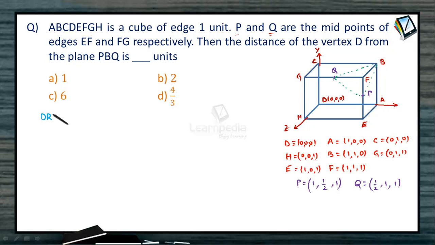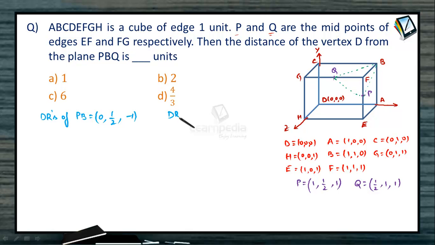First we can find the DRs of the line PB, as we know both the coordinates, right? So what are the DRs of the line joining P and B? That is the line joining 1, half, 1 and 1, 1, 0. So that will be B minus P, that means 1 minus 1, 0, 1 minus half, half and 0 minus 1, that is minus 1.